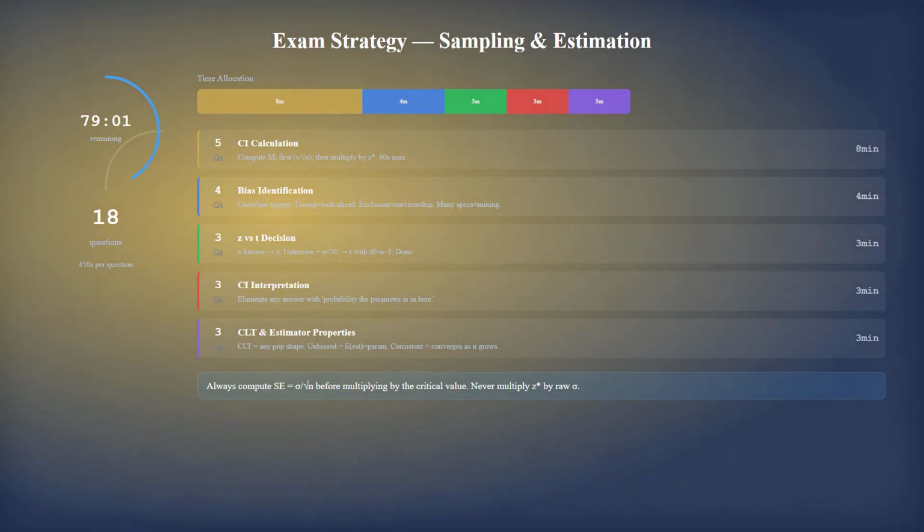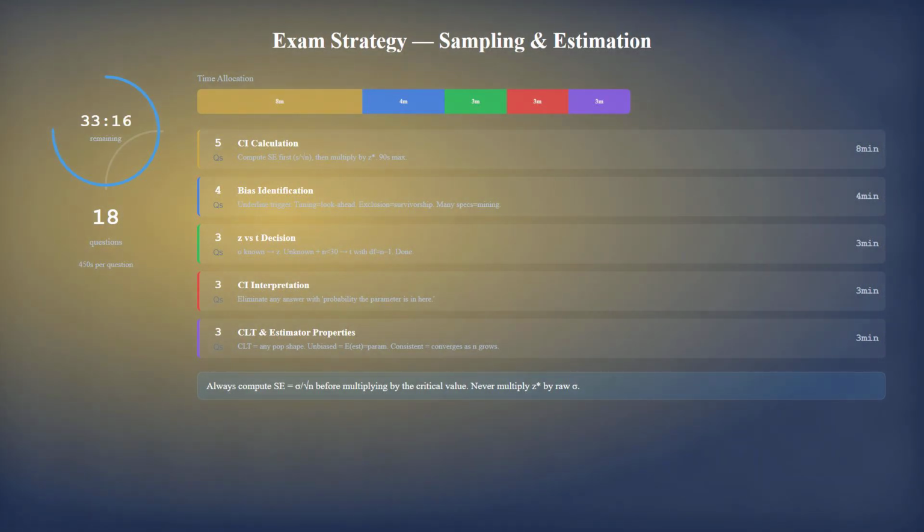Three elimination rules that remove wrong answers instantly. On confidence interval interpretation, eliminate any answer containing the phrase probability that the parameter lies within. Always wrong. On Z versus T, eliminate any answer that cites population shape or sample mean distribution as the reason to use Z. The only trigger for Z is whether sigma is known.